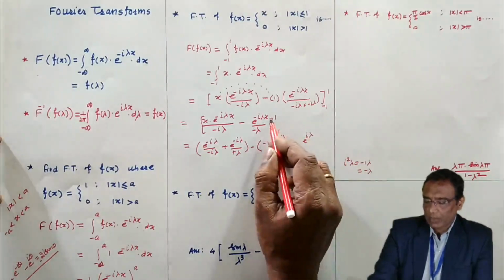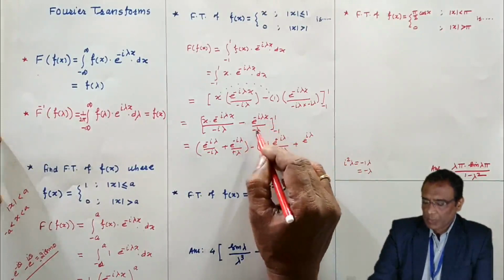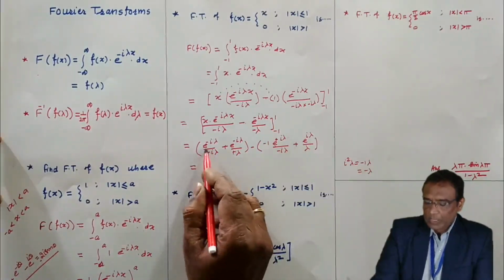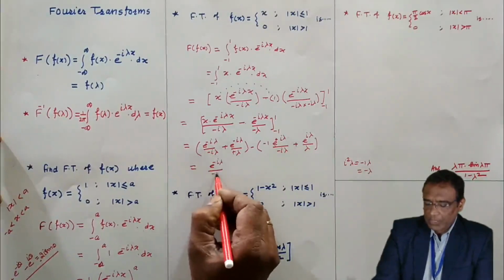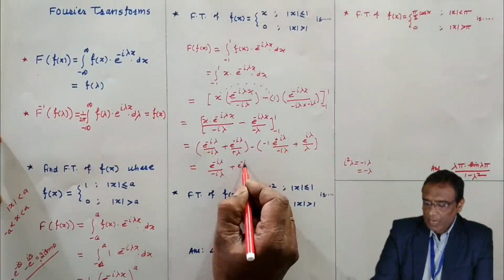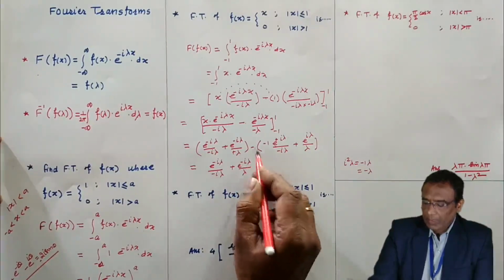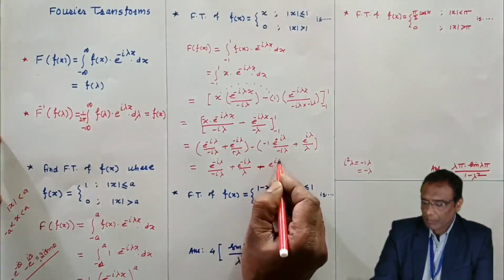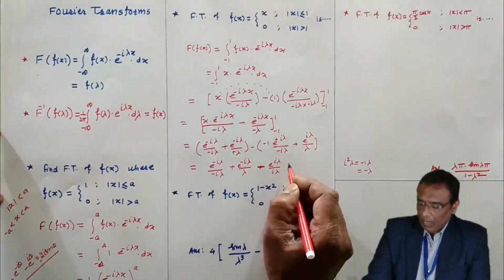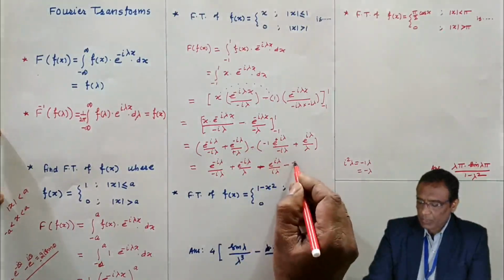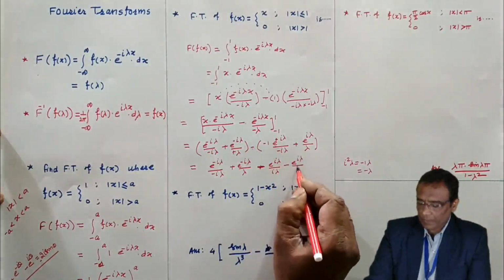Minus will be plus, and this minus is plus already, by lambda. So e to the power minus i lambda by minus i lambda, plus e to the power minus i lambda by lambda, minus of e to the power i lambda by i lambda, and minus of minus plus is minus e to the power i lambda by lambda.